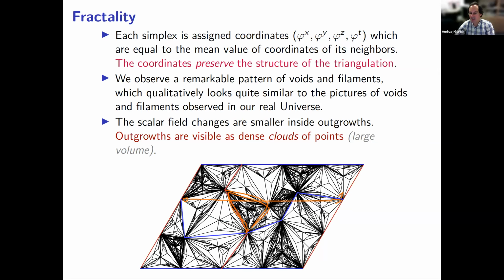You have a large number of triangles with a small boundary, and this means that the scalar field changes here by a small number, and even here by a smaller one. The change when you go from one triangle to another is even smaller. So this means that the coordinates change very slowly inside an outgrowth, and this is visible by this dense cloud of points, because they are close together in those coordinates.